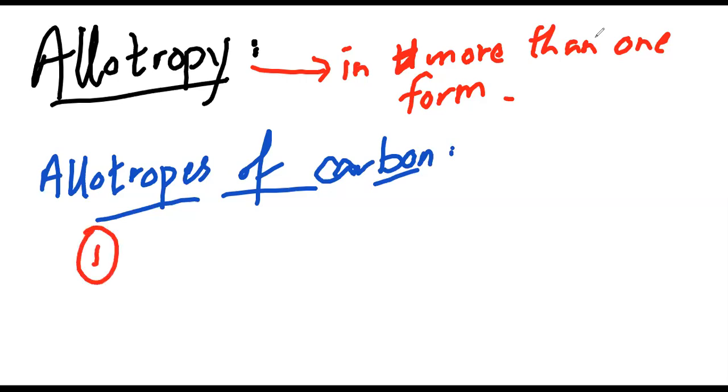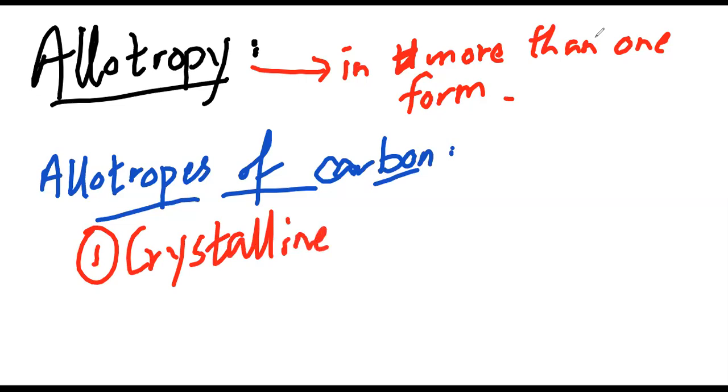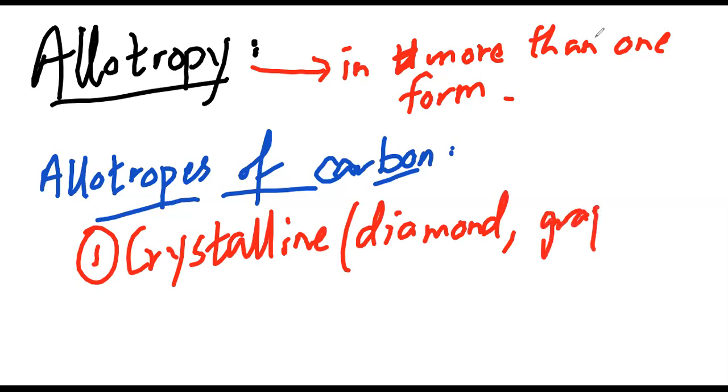First is crystalline. In crystalline, diamond and graphite exist, and only these two.